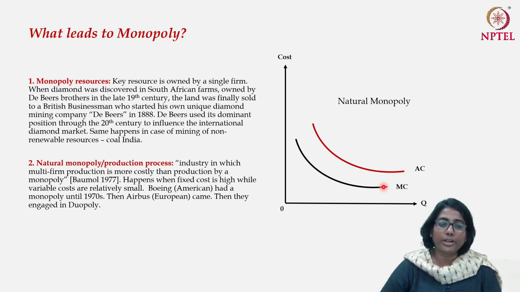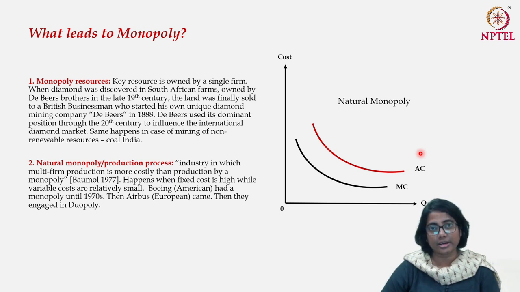So what we try to imply at this point is that if you look at the characteristics of the monopoly, you will see that there is a close match between the characteristics that we have been discussing here with the energy projects. Because in energy projects, again, you have sole access to resources, you have very high initial investment, your variable cost is relatively lower as compared to the fixed cost, and so on.